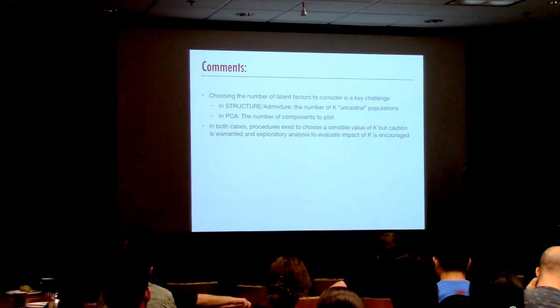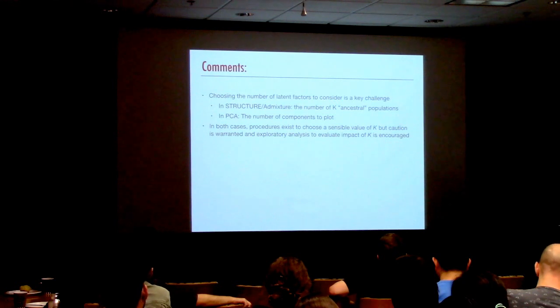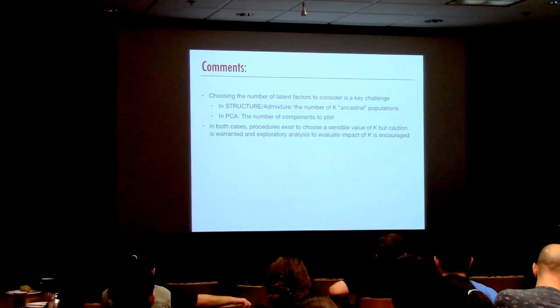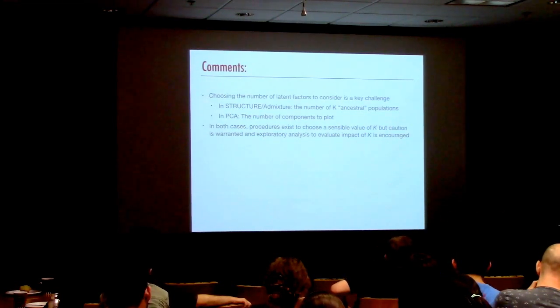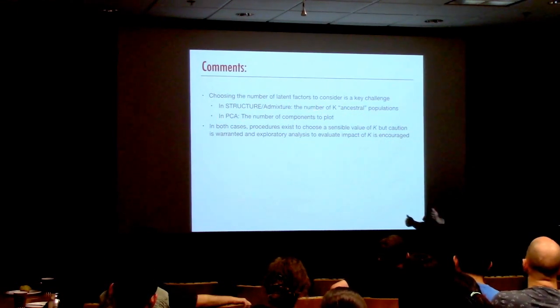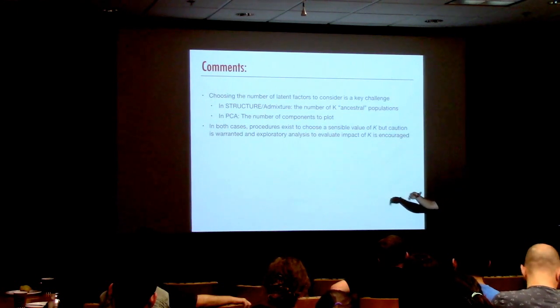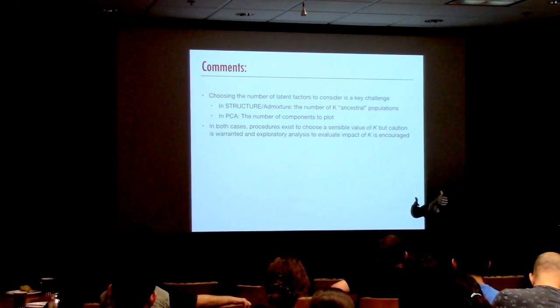Okay, so some comments here. The number of latent factors to consider is a key challenge in each case. So when you're doing structure admixture, it's how many source populations do you fit, right? I said there are K populations you're going to fit these individuals as having their admixture into, but how do you choose that K? In PCA, it's the number of components to plot. There's a result that if you have K discrete populations, you should have K minus 1 significant principal component values.